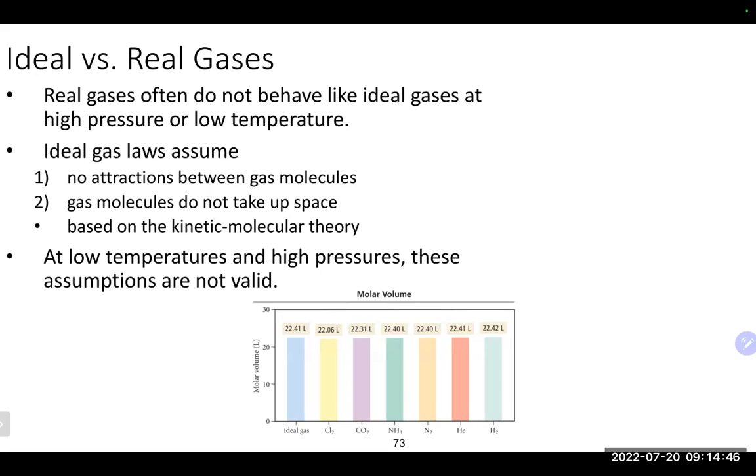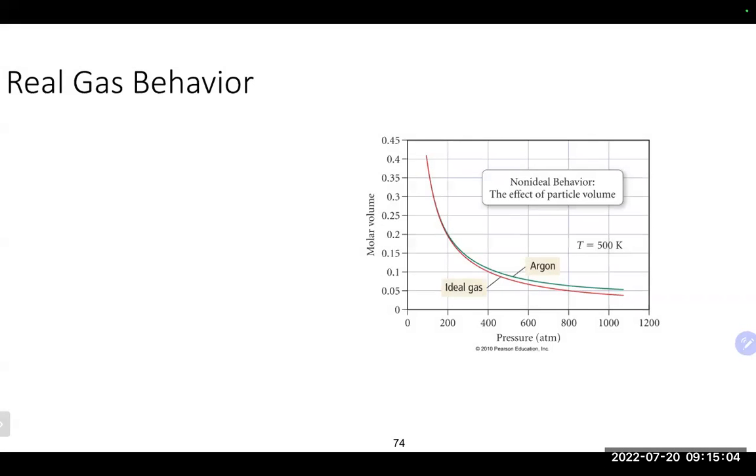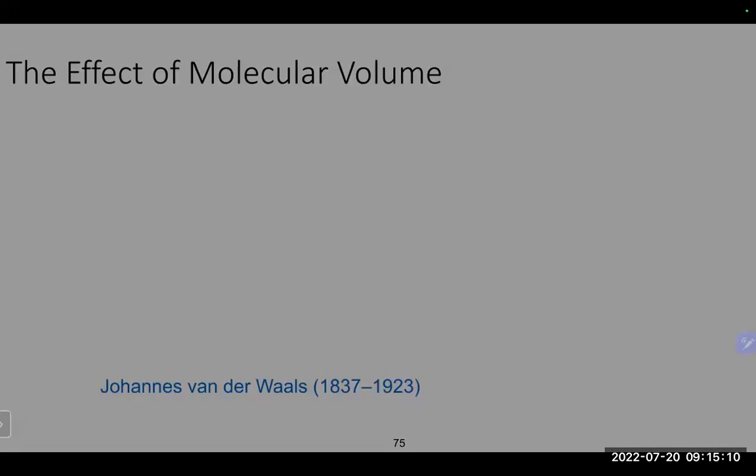There's not a lot of room to move around. That also will keep them near each other for a long period of time, which will keep them interacting with each other. So under these conditions, it puts all the gas molecules near each other for a lot longer period of time than we would see in an ideal situation. And that's again in a real gas situation where we do have to take these into account.